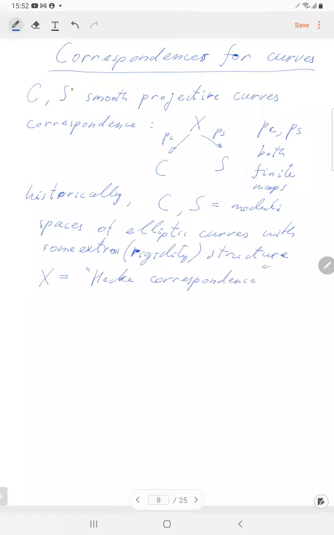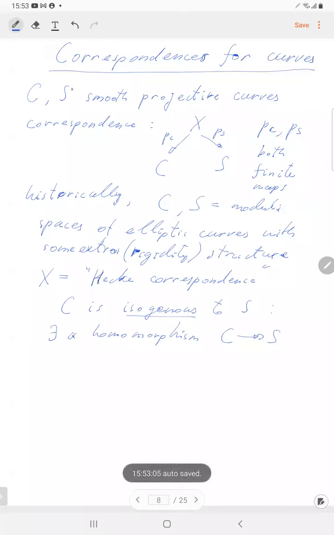So roughly, it says that C is isogenous to S. That is, we have a finite homomorphism, the isogeny homomorphism C to S. And there are many such homomorphisms in principle.